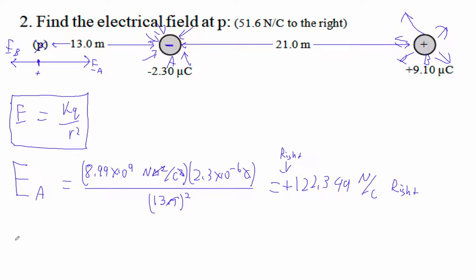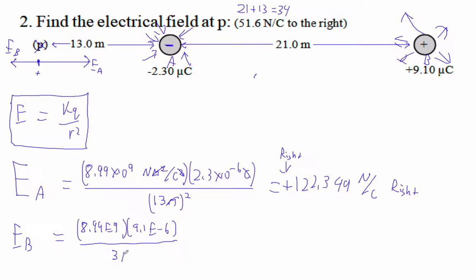And now let's find the electric field of B. That's going to be 8.99 E9 times 9.1 E minus 6, all divided by, and what is this distance? What is 21 plus 13? I think that's 34. So we are 13 and 21 meters from it.